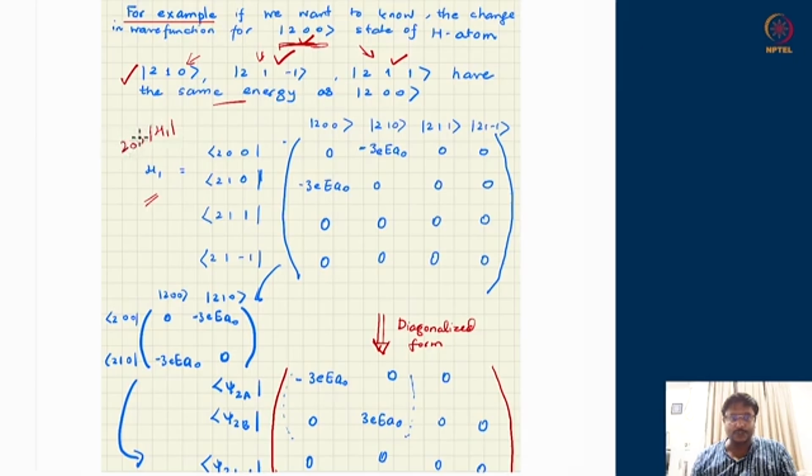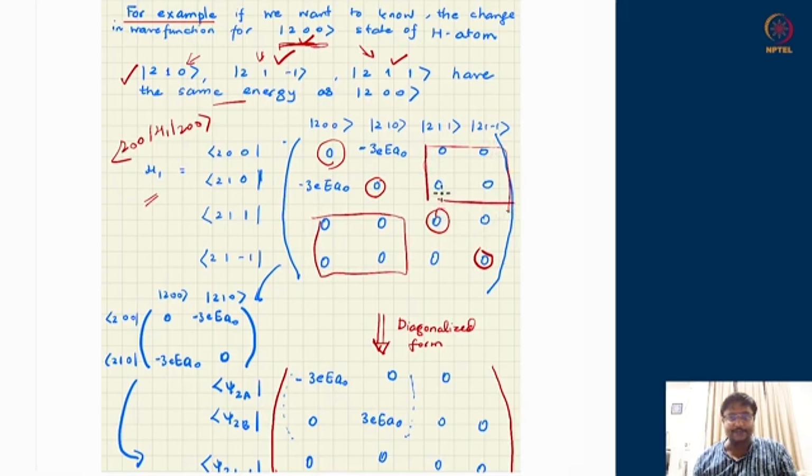what is 200, 200, it will go and sit here. You will find out that this number vanishes. Actually, all diagonals vanish. And not only all diagonals, most of the off diagonals also vanish if you do this computation. The only thing that survives is H1 squeezed between 210 and 200.